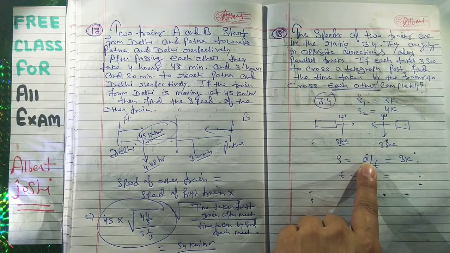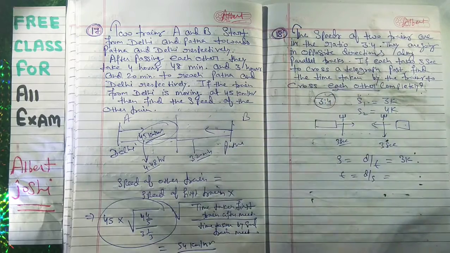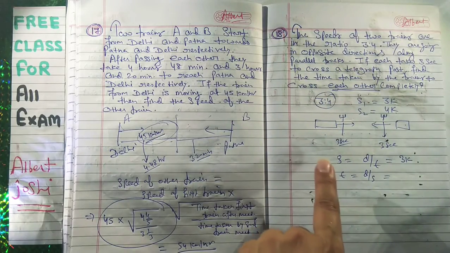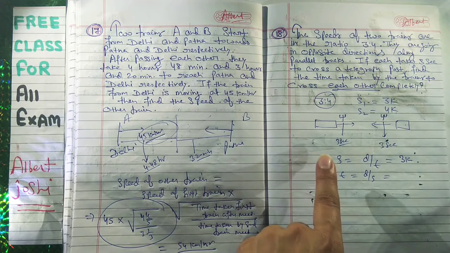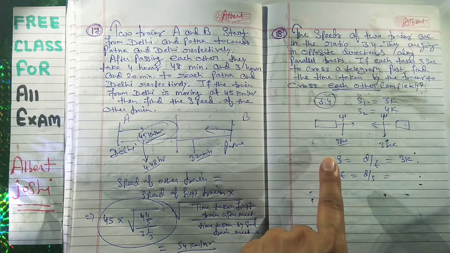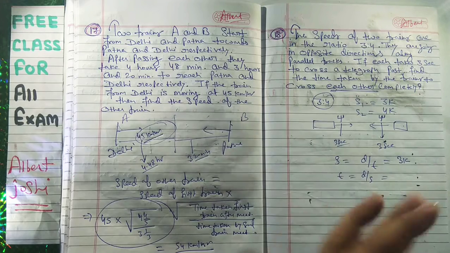Suppose the lengths of the two trains are 3x and 4x. The speeds of the two trains are in ratio 3:4. He has given the ratio, so he has not given us the lengths. So how to solve it? This is a very complicated question. 3 seconds.